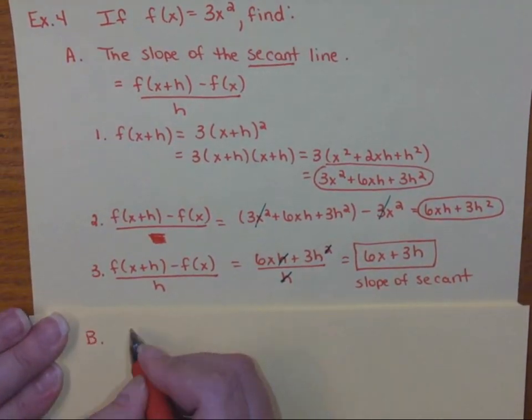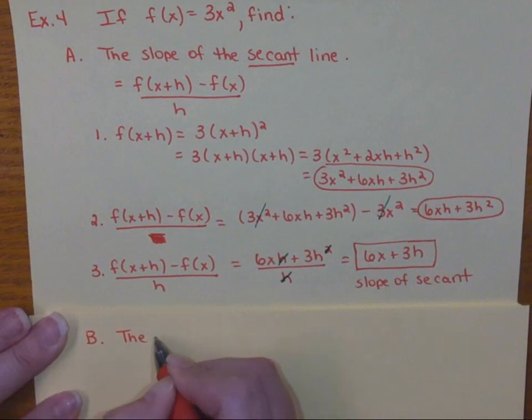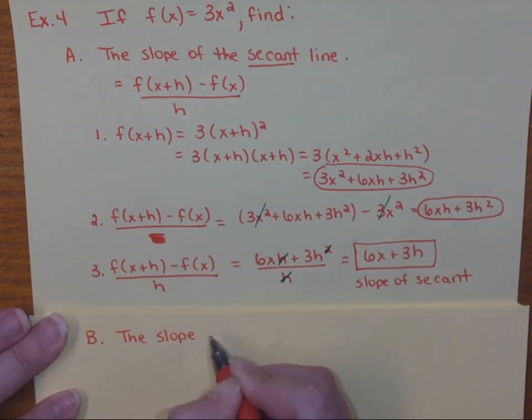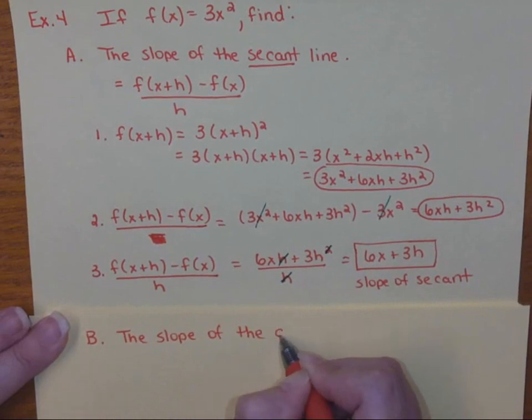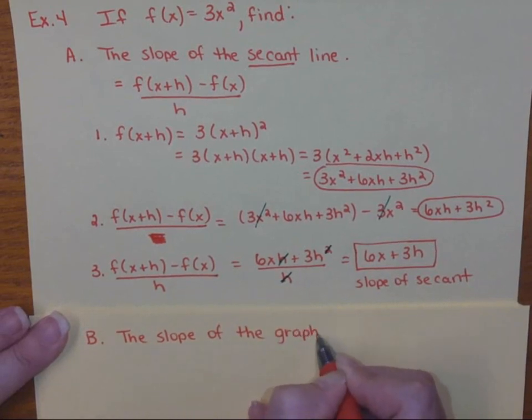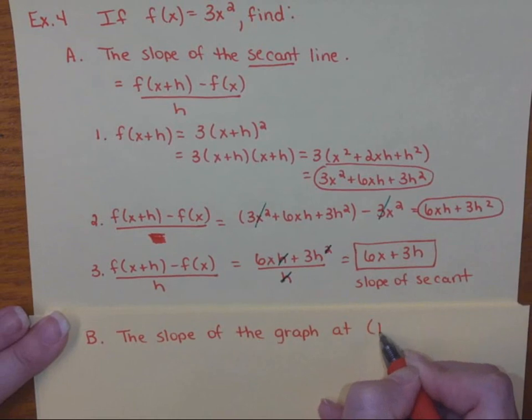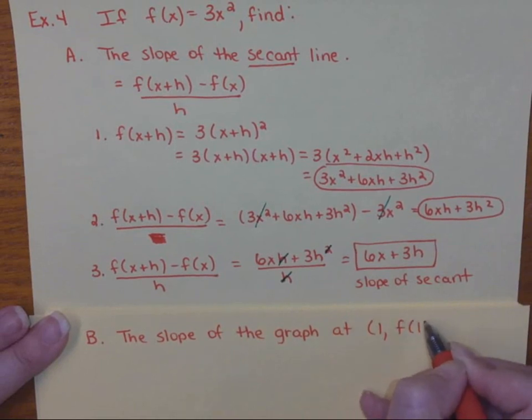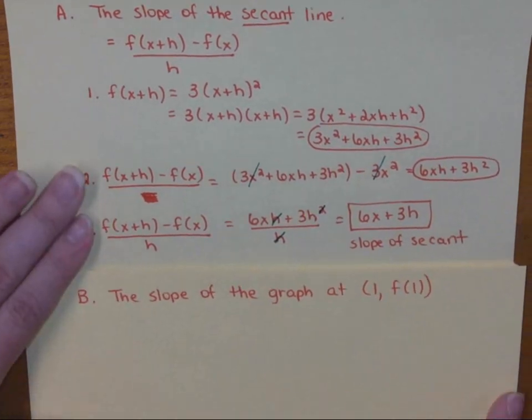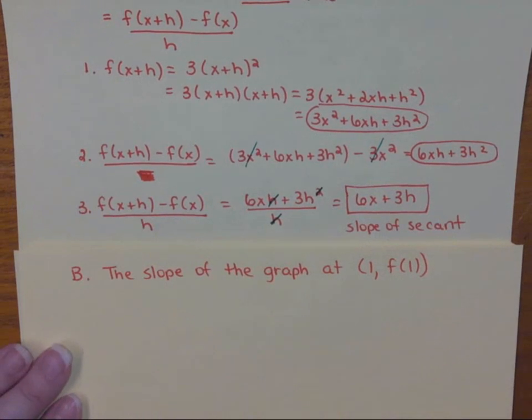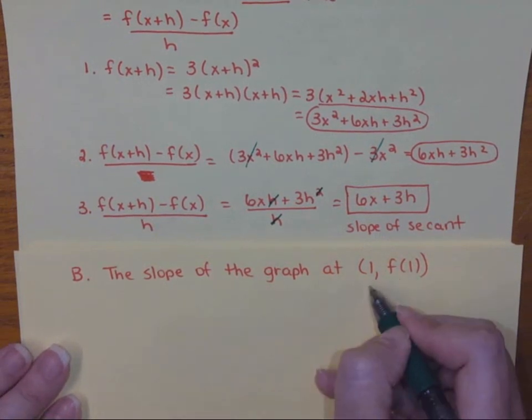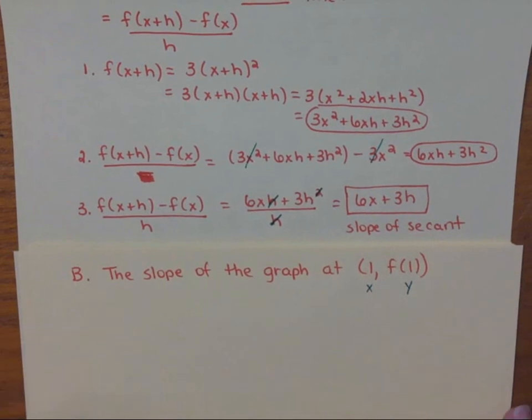All right, so what about this question? What if I told you to find for me the slope of the graph at 1 comma f of 1? Okay, don't let this notation throw you off. MyMathLab will show you a couple of these.